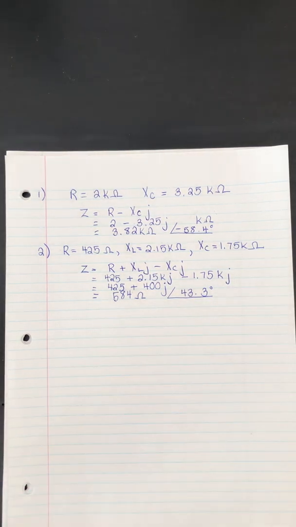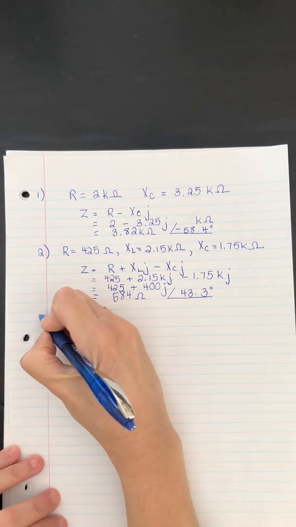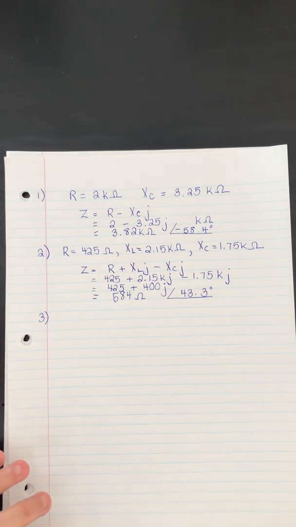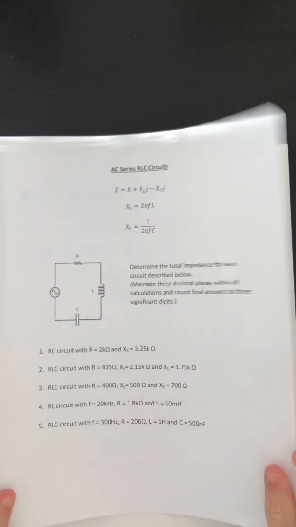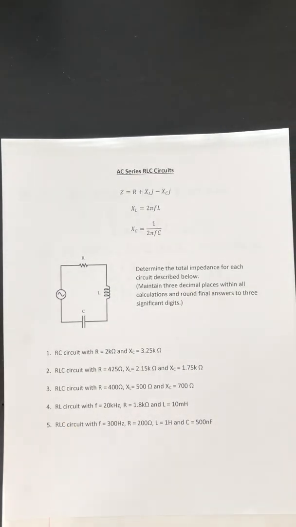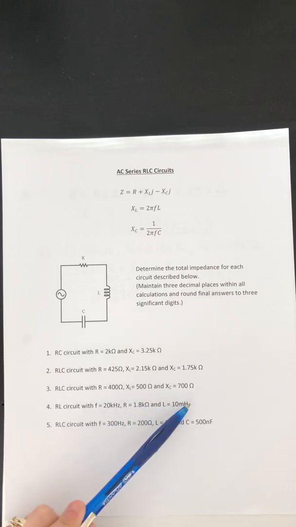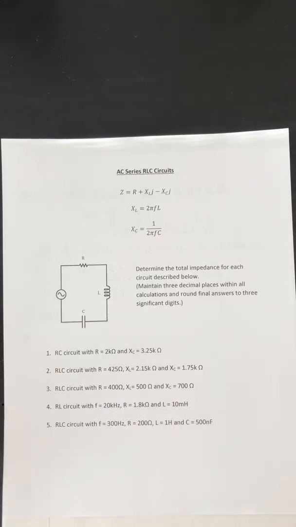Okay, so I think you get the idea. We will continue to complete this page of problems together. So let's look at number 3. Number 3 has all 3 components. Also, all quantities are in ohms. We have 400, 500, and 700 ohms respectively.